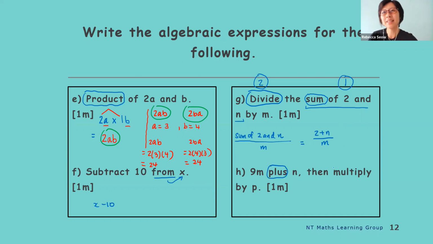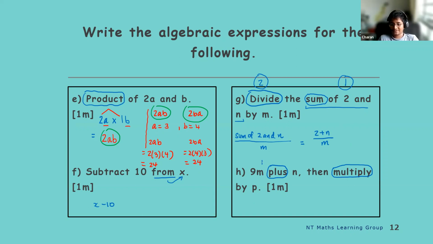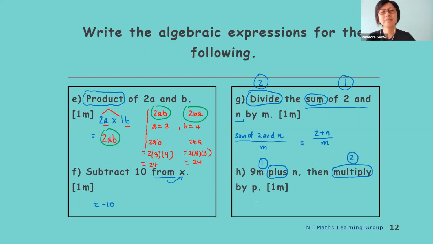9m plus n, then multiply by p. Which is the first step that we need to look into? Because of the word then, you have to take 9m plus n, then you multiply by p. Does that mean that if the sentence says 9m minus n, then you multiply by p, we follow the sentence structure? Because of the word then, we have to do the first part first.